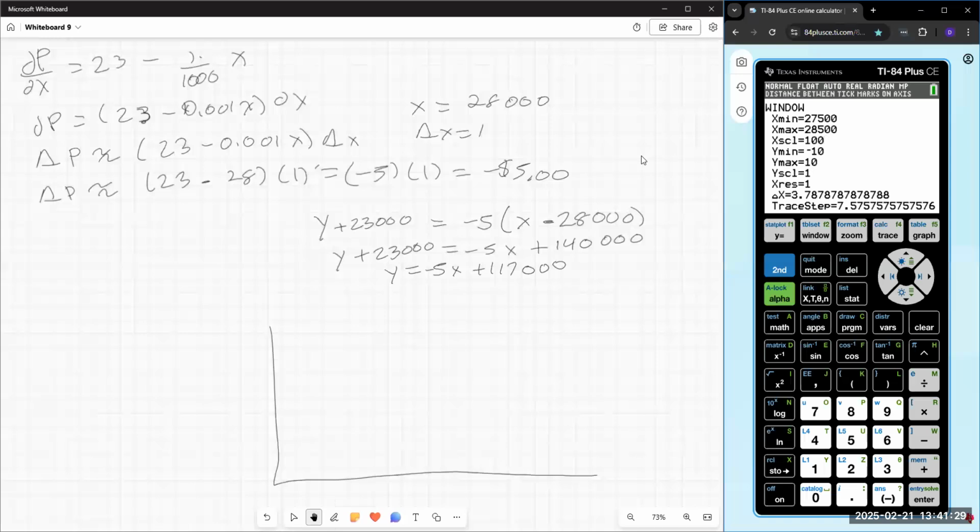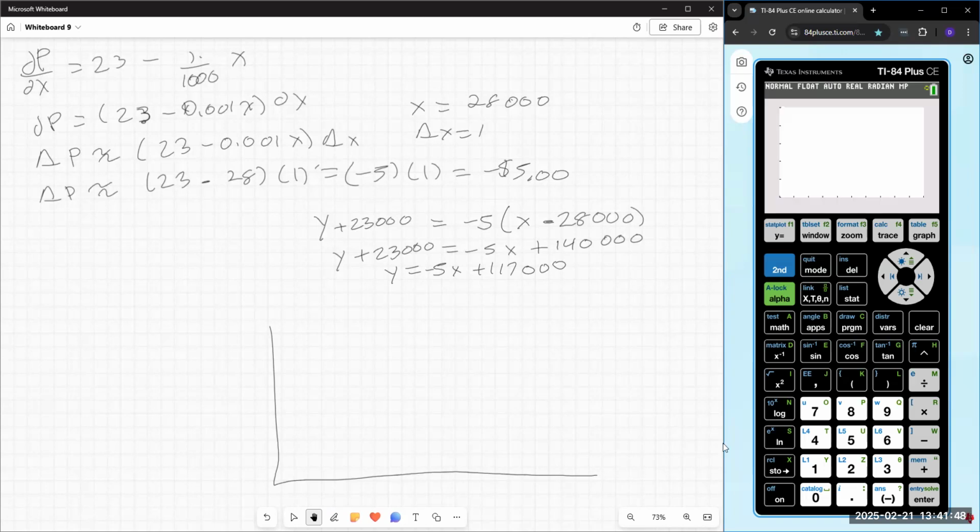My y value needs to be close to 23,000, so let's go between 20,000 and 25,000 by increments of 1,000 here, graph. Uh-oh. Zoom 0. All right, here we go.